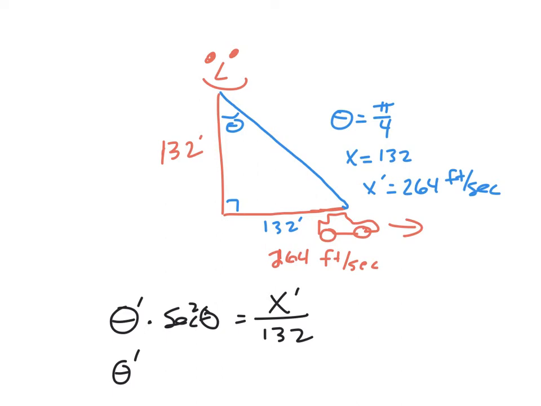The secant of pi over 4 would be the reciprocal of cosine. Cosine pi over 4 is square root of 2 over 2. You flip that over and you get something like, we're going to square it. It's 2 over the square root of 2 squared.